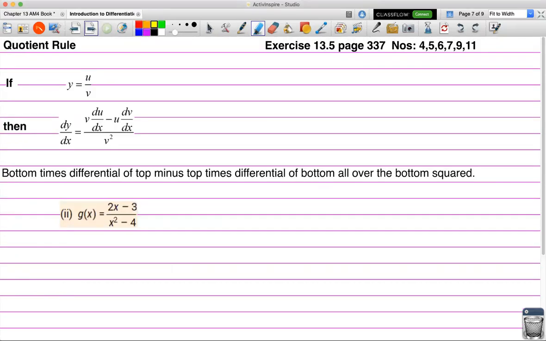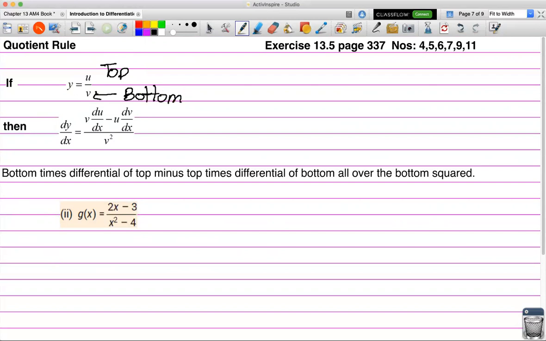Now we're going on to the quotient rule. And it's very important that you make a distinction between how we describe things. When you've got a fraction, you describe this u here to be the top, and this thing here is going to be the bottom.